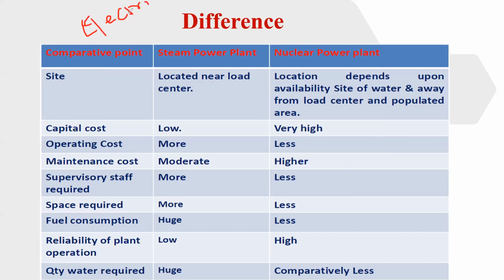This website gives you a number of objective questions with respect to power generation technology. On that website, according to the topics, they give you objectives. So go through these websites and try to solve the objective questions with respect to the steam power plant and nuclear power plant.